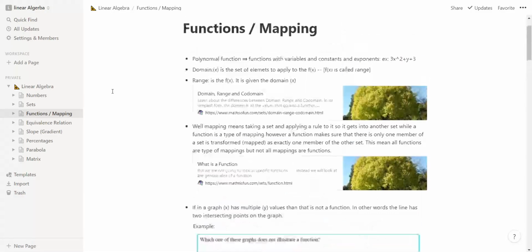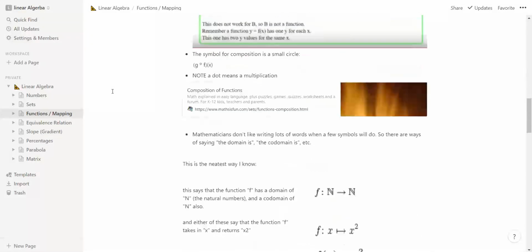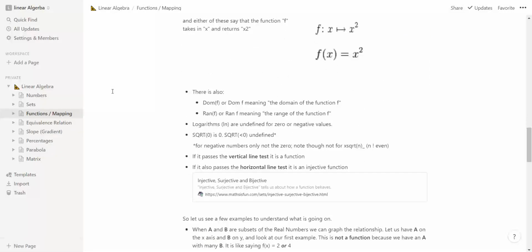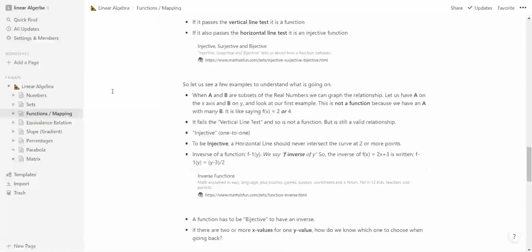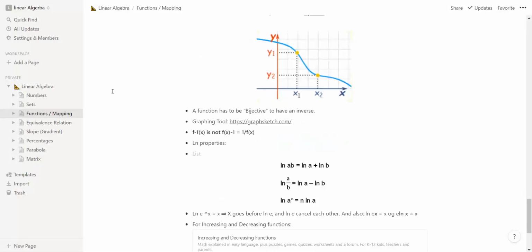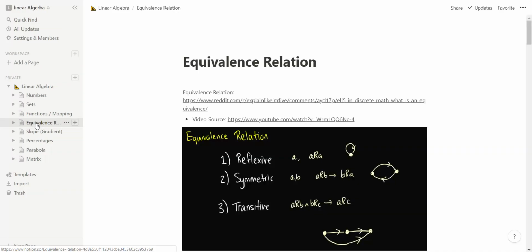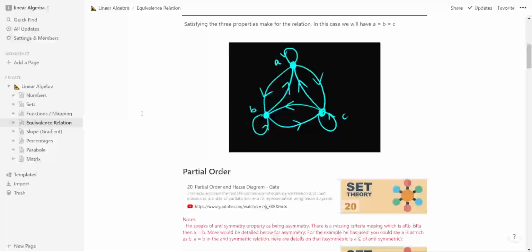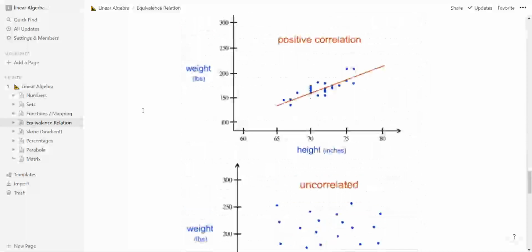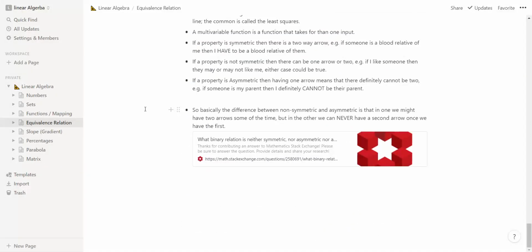Given a function of x, y is the dependent variable and x is the independent variable, which you map to y. The domain of f and the range, all the good stuff. Then in the equivalence relation, we have the esoteric, and I believe, if I'm not mistaken.